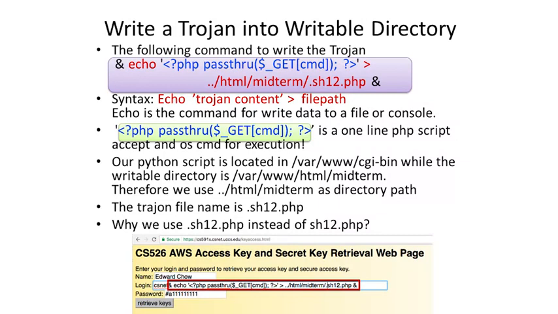Be aware, I have put a dot in front of it. Why do we do that, instead of just a simple sh12.php? The result is that this will have a hidden effect. Any file prefixed with a dot in a Unix system will not show when the system administrator or user does an ls.